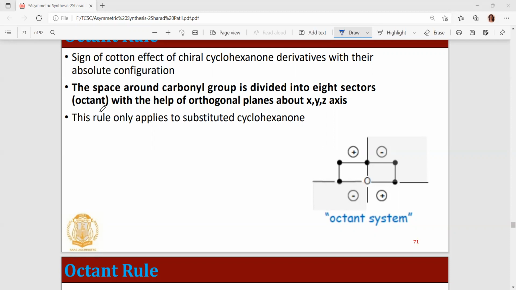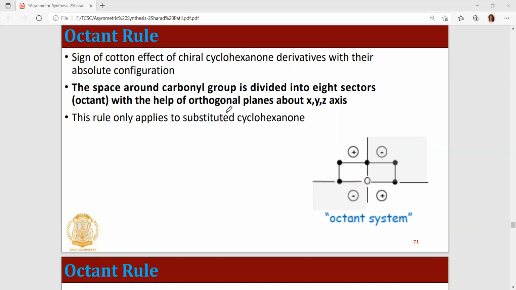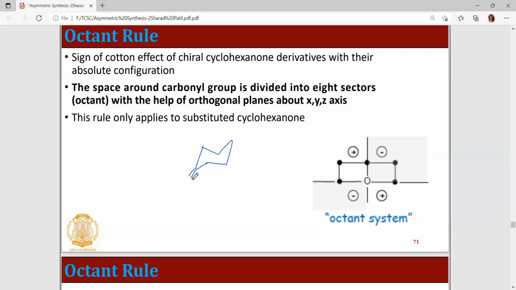Why is it called an octant? With the help of orthogonal planes about the x, y, z axes, we get the octant. This rule only applies to substituted cyclohexanone. Hope you remember the cyclohexanone we have already learned. Suppose we have this carbonyl, and we give the numbers 1, 2, 3, 4, 5, and 6.